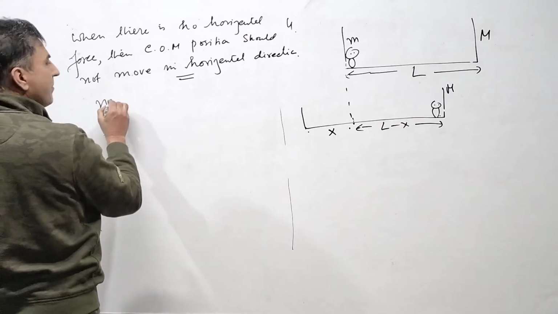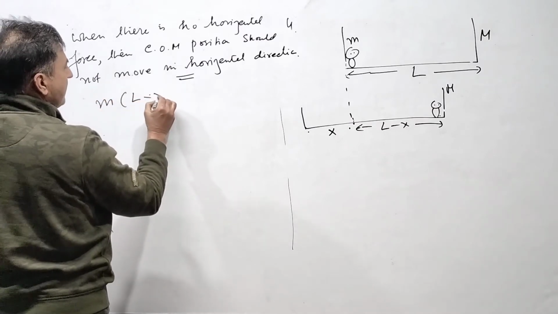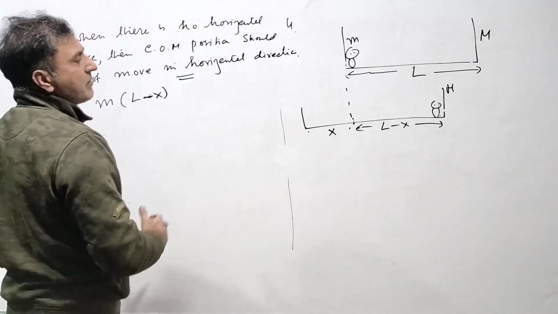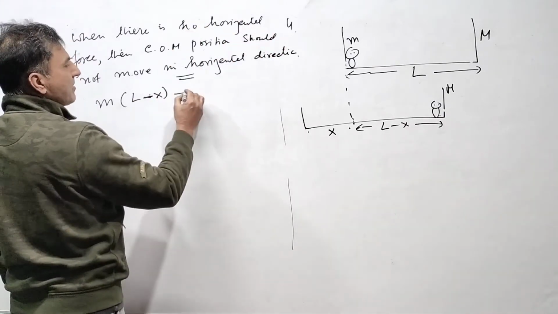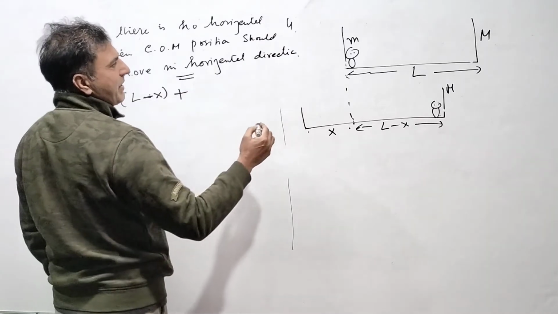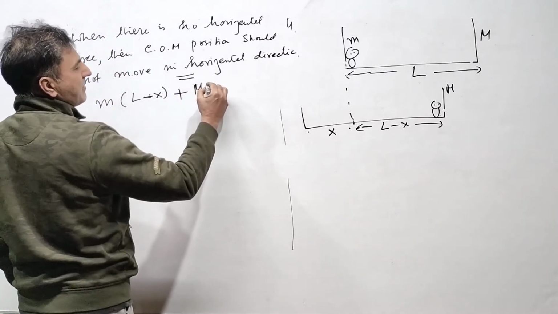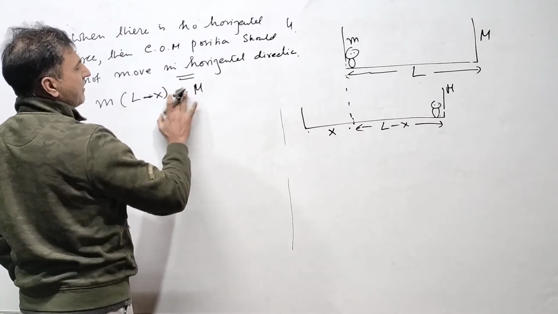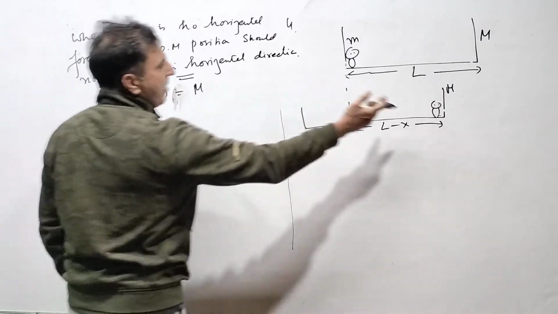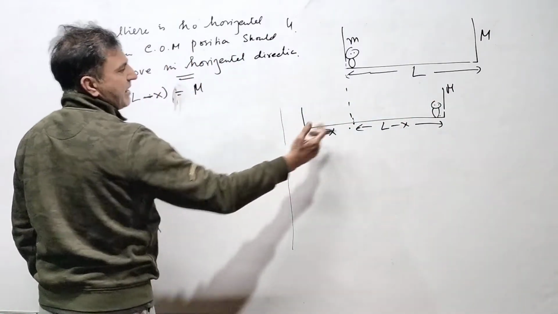That is m(L minus x). This is the center of mass being taken in the forward direction, plus how much the center of mass taken in the backward direction? That is Mx. या ऐसे भी लिख सकते हैं, m into L minus x is equal to M, heavy mass, taken the center of mass in the back direction.